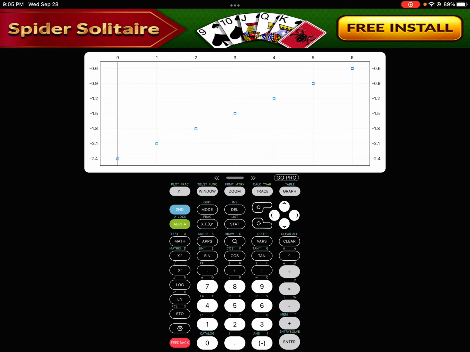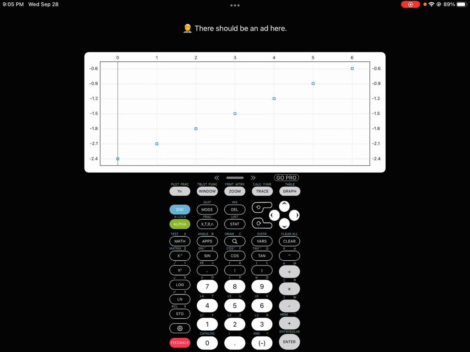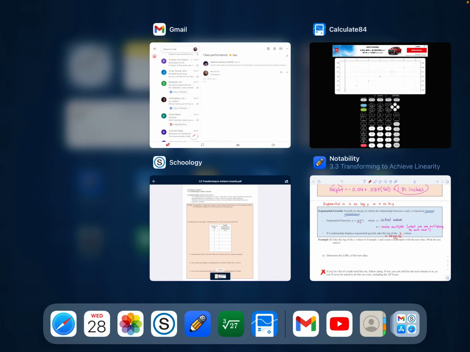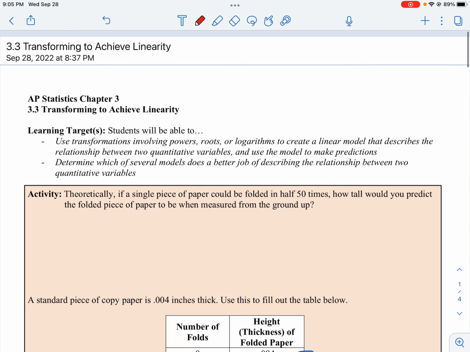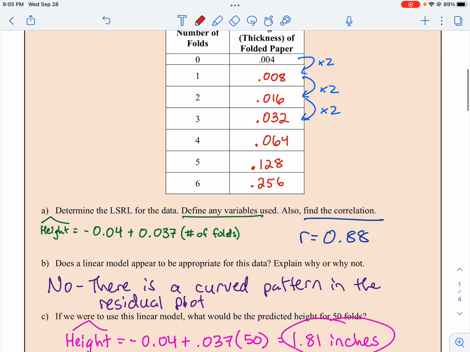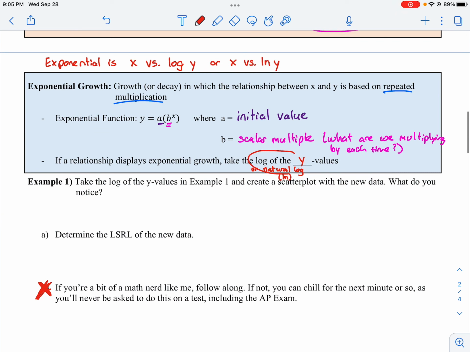This is the number of folds with the log of the thickness. And we can see that our scatter plot is now a straight line. This is what we're talking about when we get to this concept, transforming to achieve linearity. I took the log of my y values to create a straight line.